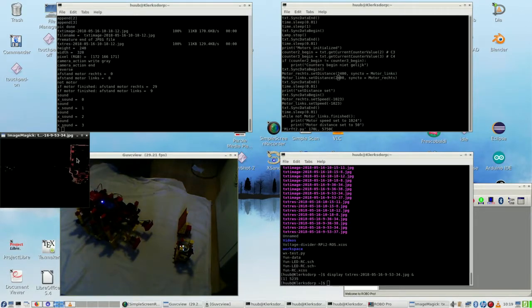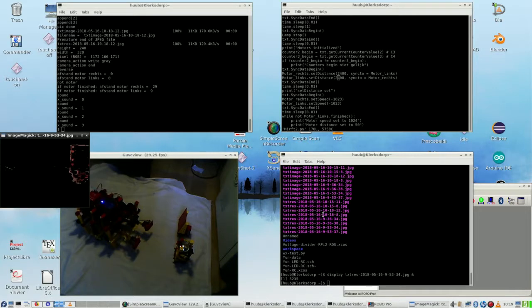Oh, this has been a very old image, because if you look here, it should be at the left side, it is on the right side. So this is an old image. And yes, I am right now at 1019.